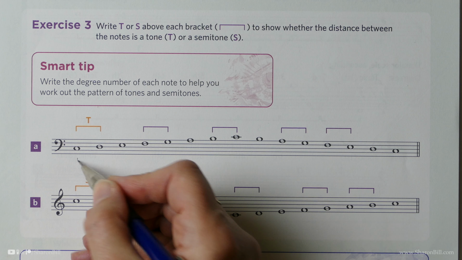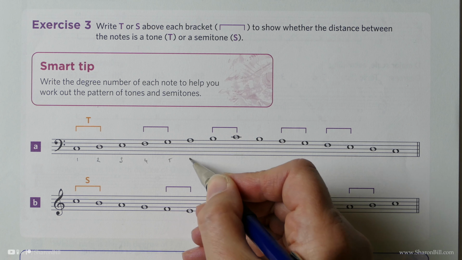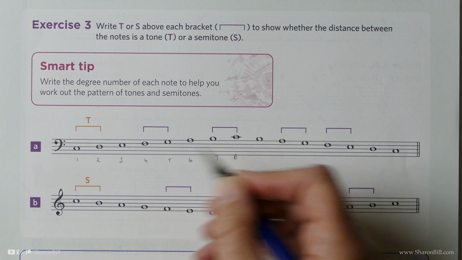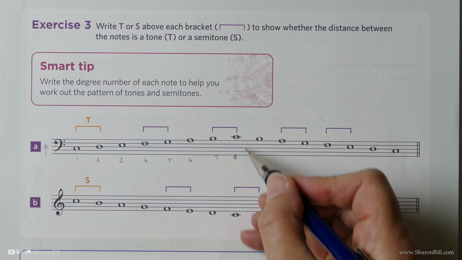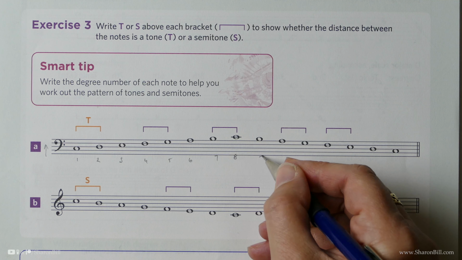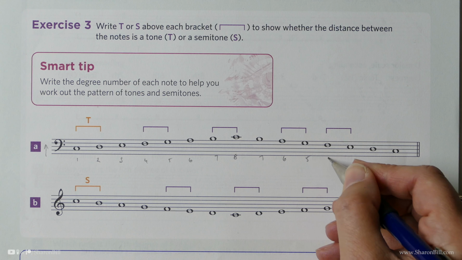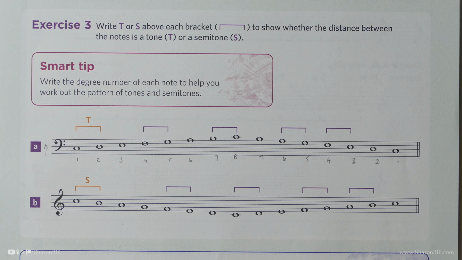So we'll write down 1, 2, 3, 4, 5, 6, 7, 8. Remember, this is going up, this is ascending. And now we're going backwards. 8 isn't duplicated, it just turns right around to 7, 6, 5, 4, 3, 2, 1.